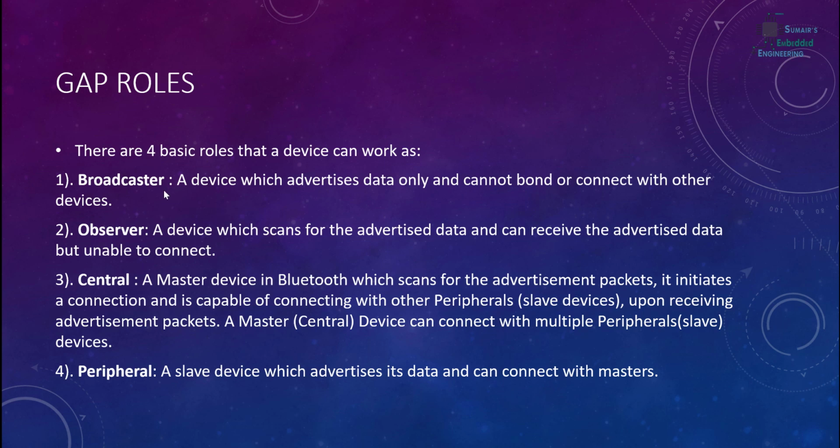The broadcaster is advertising its data, and the observer is receiving the data. But they cannot connect. It's just receiving some type of advertisement packet, which can contain some information regarding the device or some extra information.